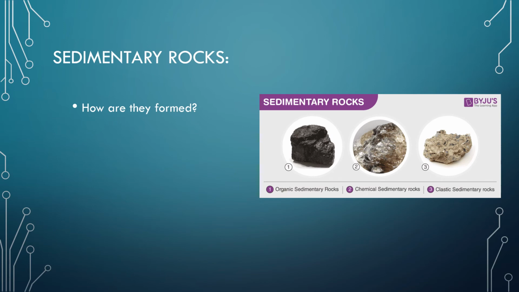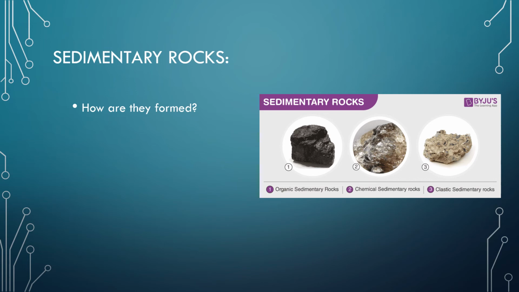The last type of rock are sedimentary rocks. How are they formed? Well, sedimentary rocks are formed from pieces of pre-existing rocks or organic material. There are three different types: clastic, organic, and chemical. Organic sedimentary rocks form from the remains of organisms like plants and animals.